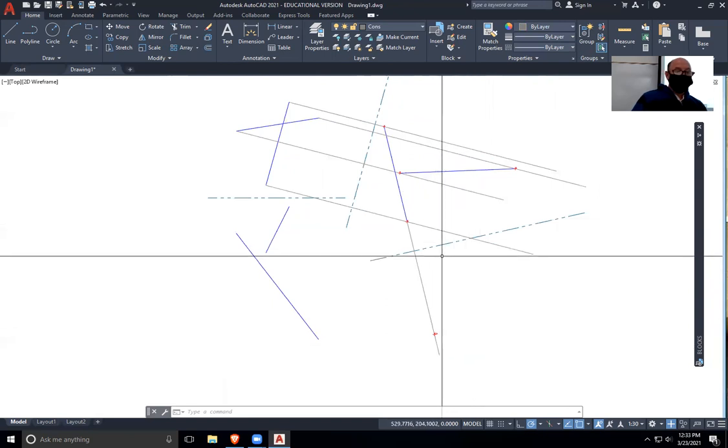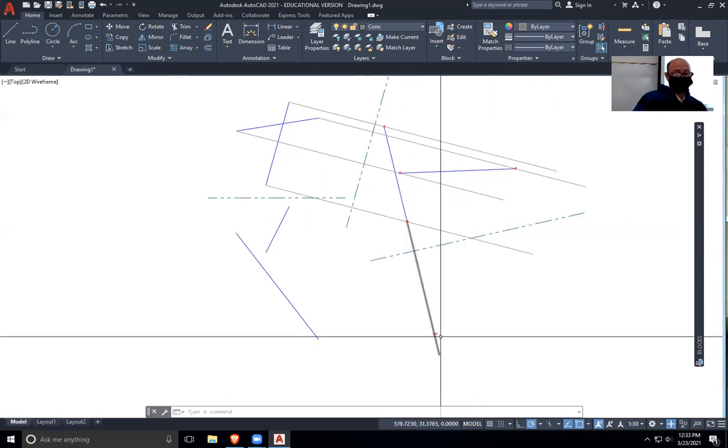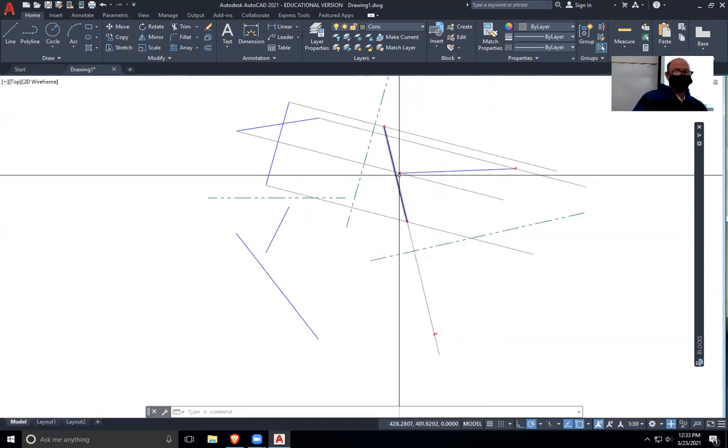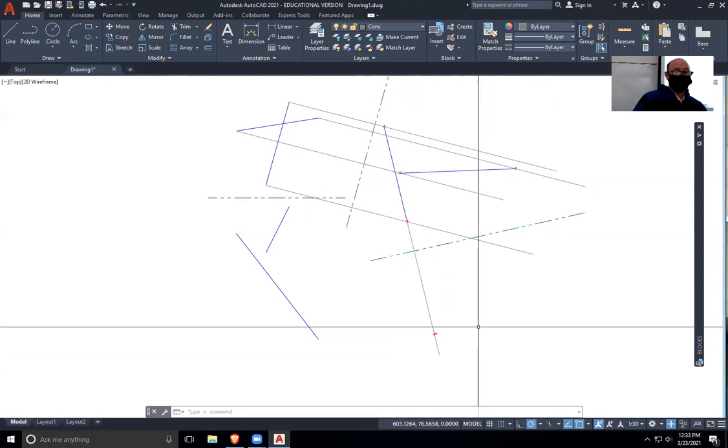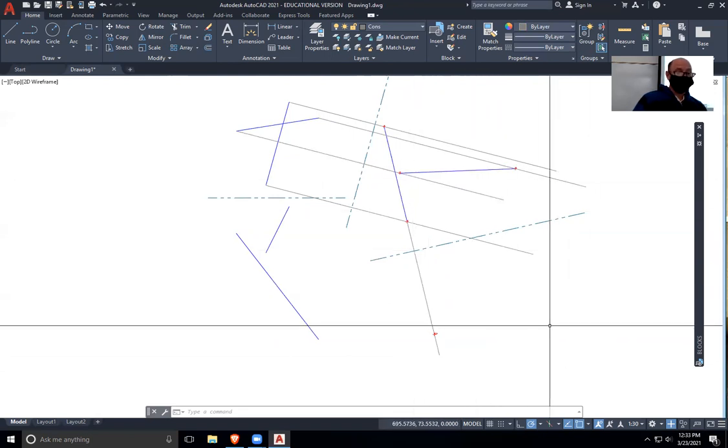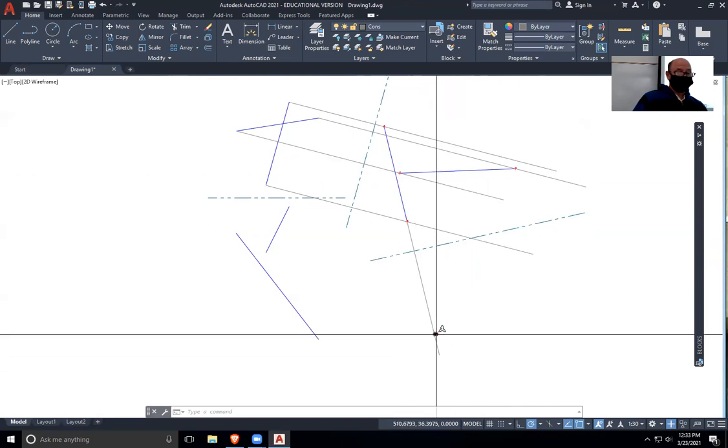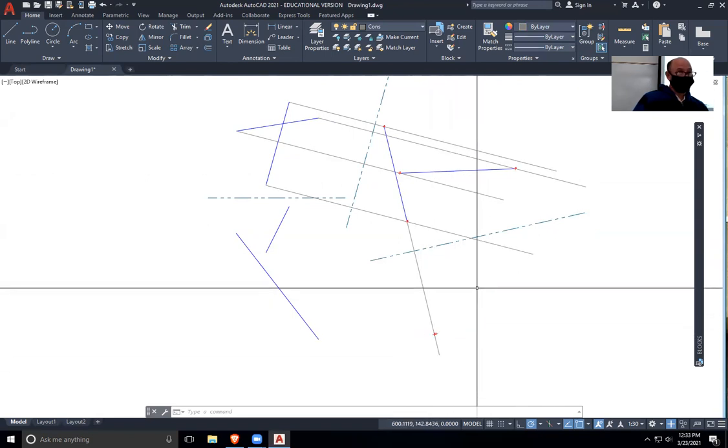Okay, so at this point, I have point view of AB. And so all I want to do is find where CD is in this view. And then I can do a perpendicular line from point AB to line CD. And that'll be the clearance distance between the 2 lines.